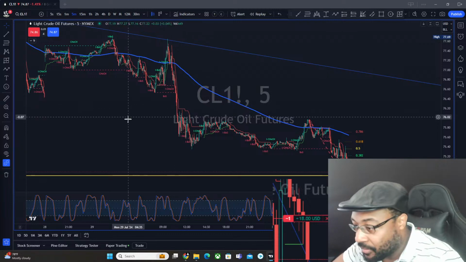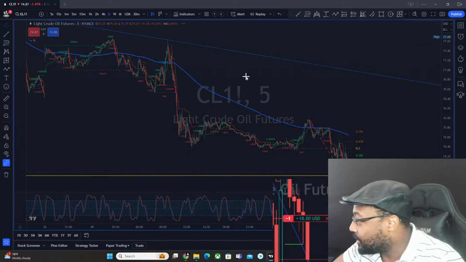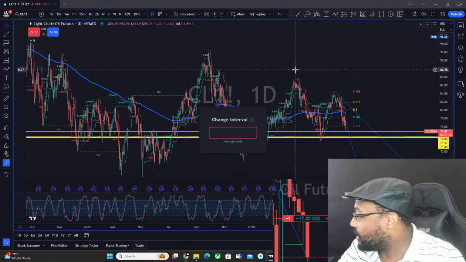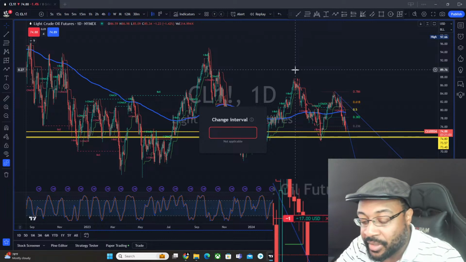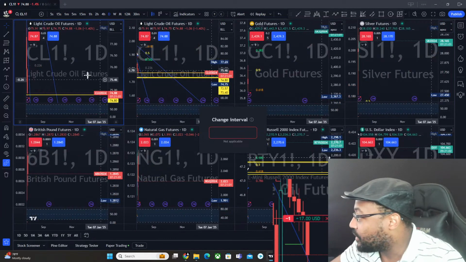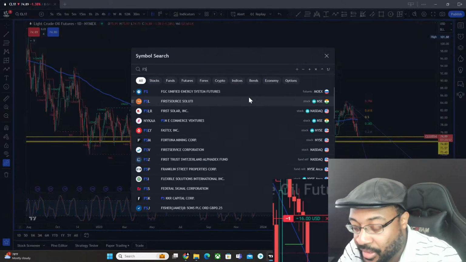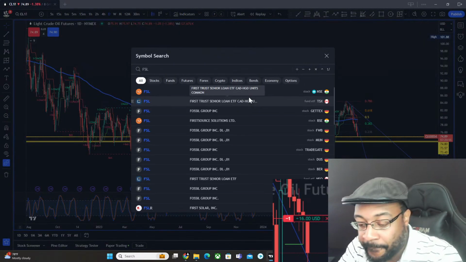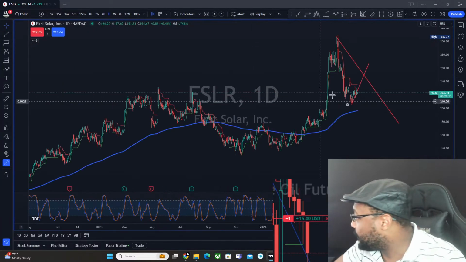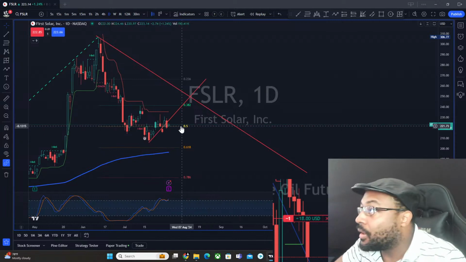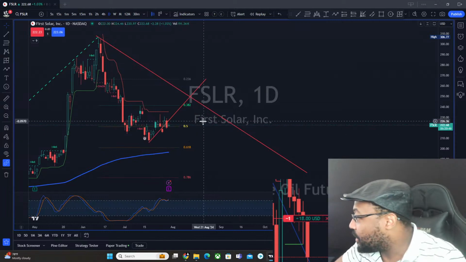First Solar, I was looking at this and I was like, it is probably on its way. Actually, wrong chart. Let me get out of here. Oh, actually, I did put it on that one. Okay, FSLR. So First Solar, it looks like this bad boy is trying to break down the micro trend that's right here.